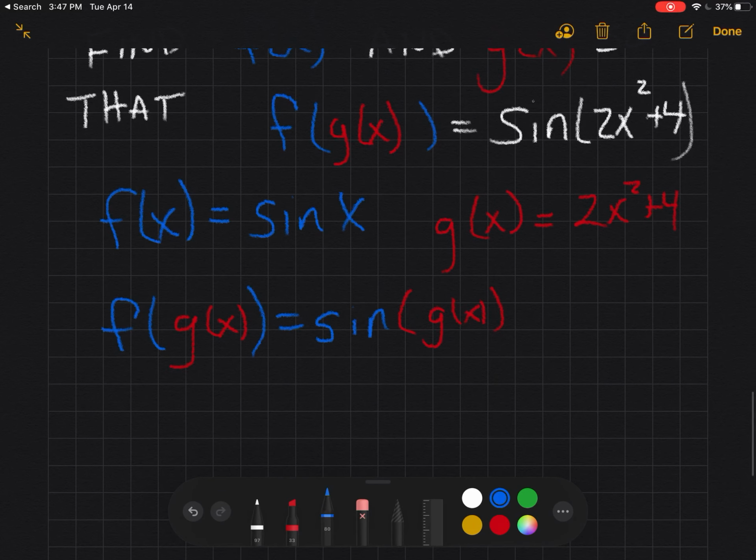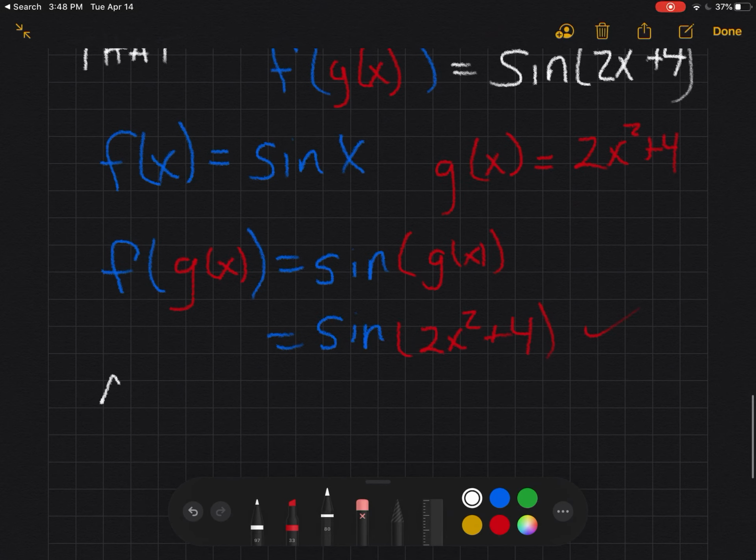So now when I take f of g of x, that's going to give me the sine of g of x, which is going to be the sine of 2x squared plus 4. And that's what we wanted. Great.